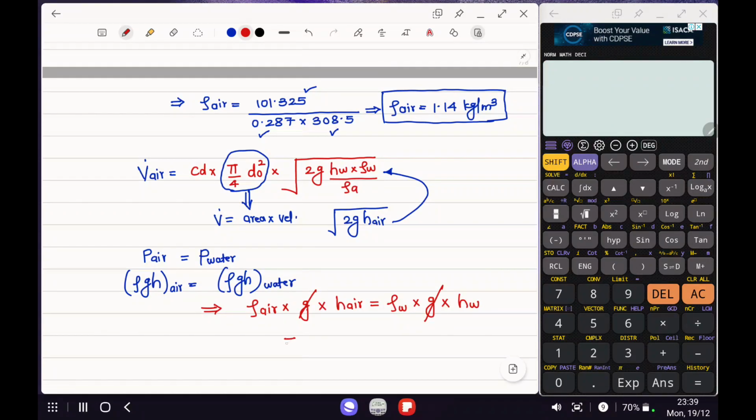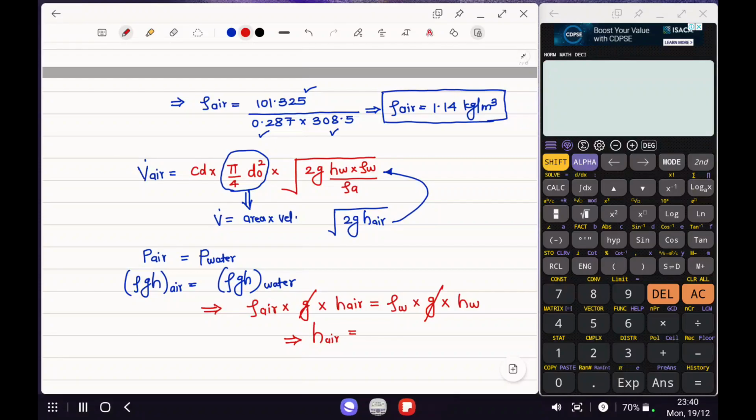We are interested in head of air. How much head of air will be created, or how much pressure will be created in terms of air column? That is very difficult to measure because density of air is very less. So we will require a very large column even if we want to measure a very small pressure. So that's why we use water as the manometric fluid.